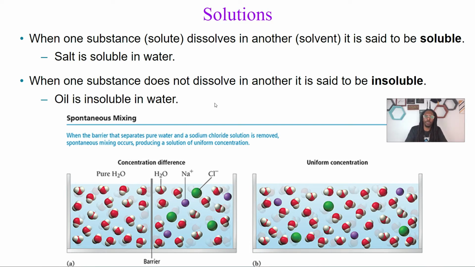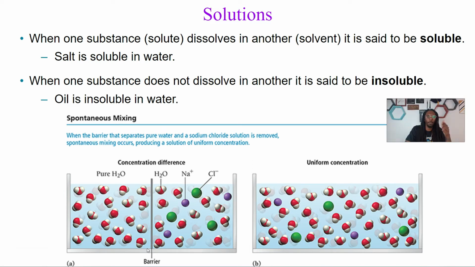Now, talking about this handy dandy chart here, when we're talking about solutions, there's some spontaneous mixing going on. For instance, if we look down here, we've got a concentration difference. This is what I was talking about before, understanding those different concentrations, especially with liquids.